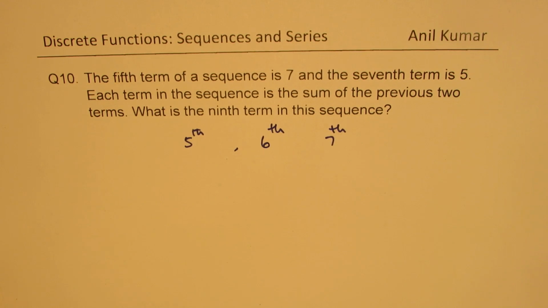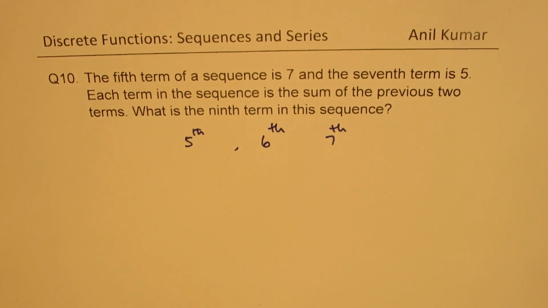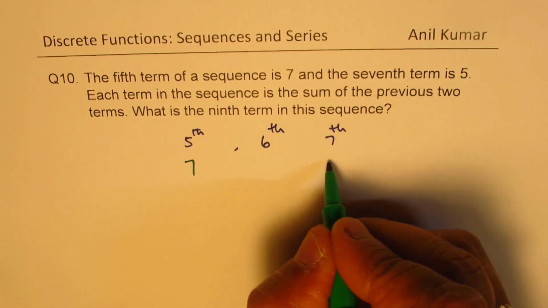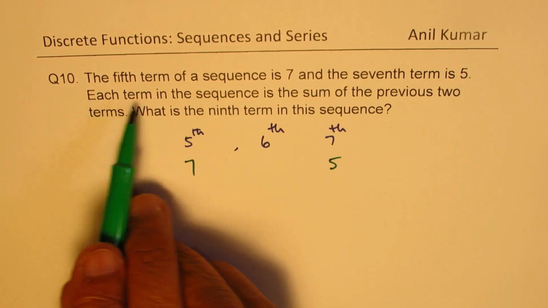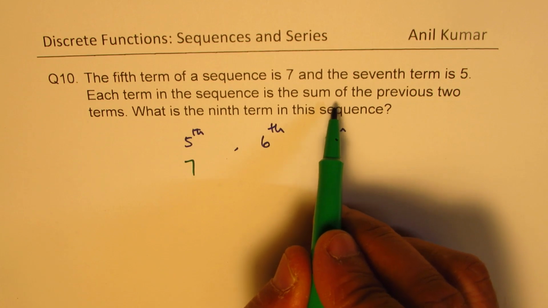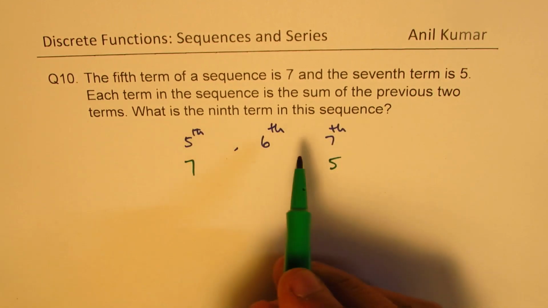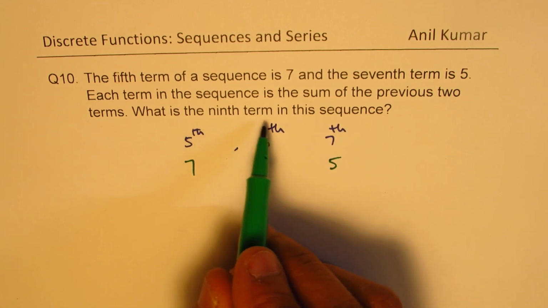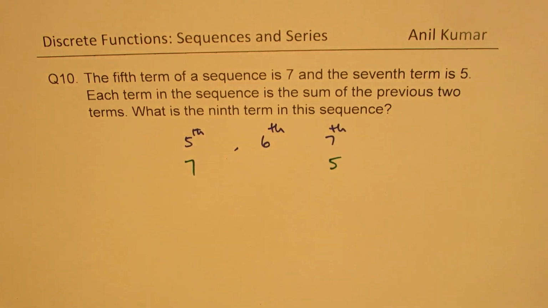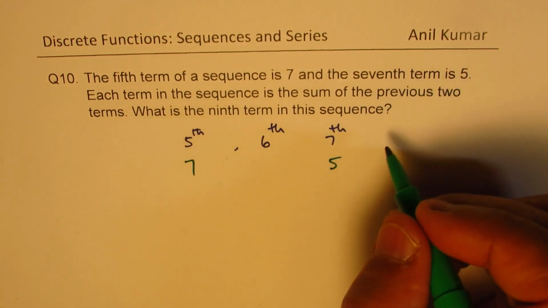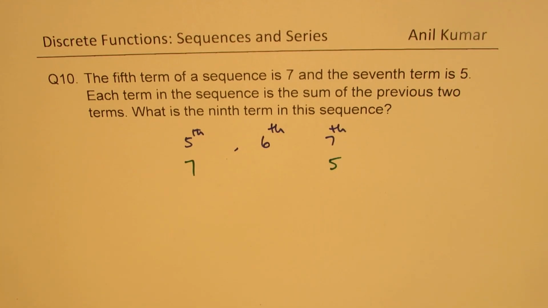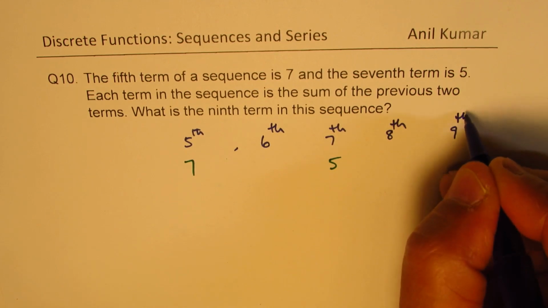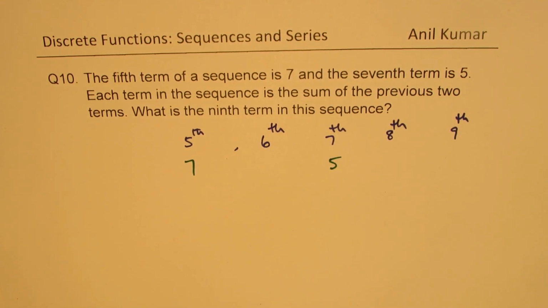So it says that the fifth term of a sequence is 7 and the seventh term is 5. Each term in the sequence is sum of previous two terms. What is the ninth term in the sequence? Okay. So we have to find the ninth term. So we don't know the 8th and we need to figure out what is the ninth term.